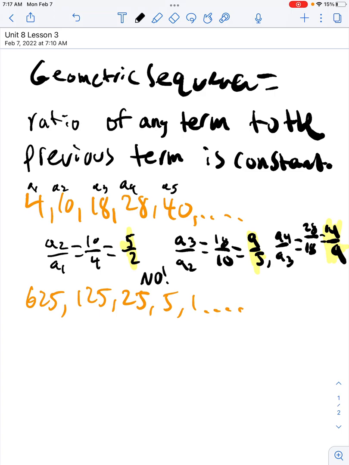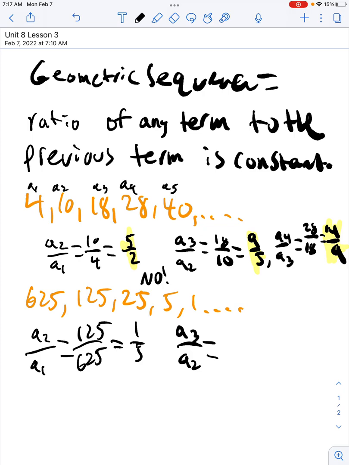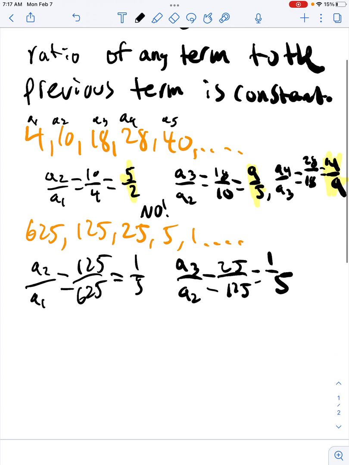Whereas when I do the same thing down here, I take my second term, which is 125, divided by my first term, which is 625, and I get an answer of 1/5. And when I take my third term and divide it by my second term, I get 25 over 125, which equals 1/5.